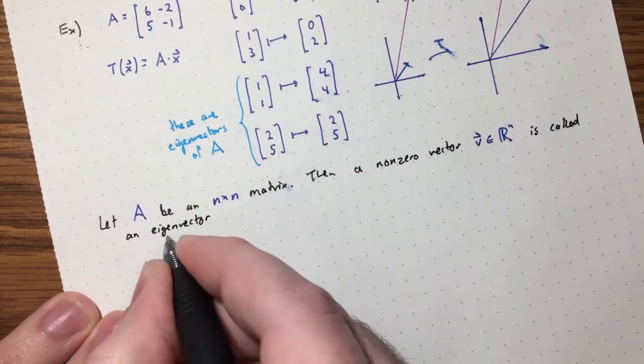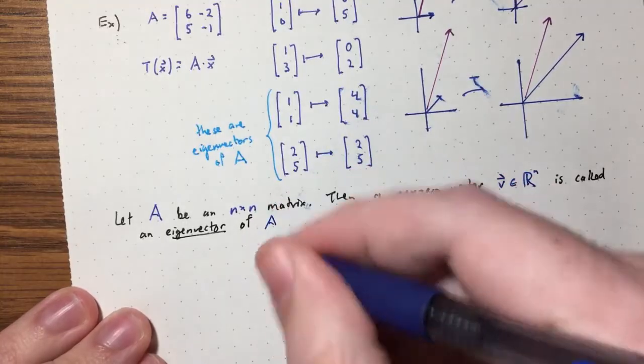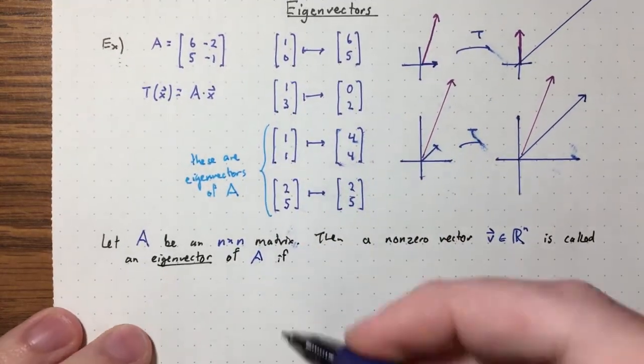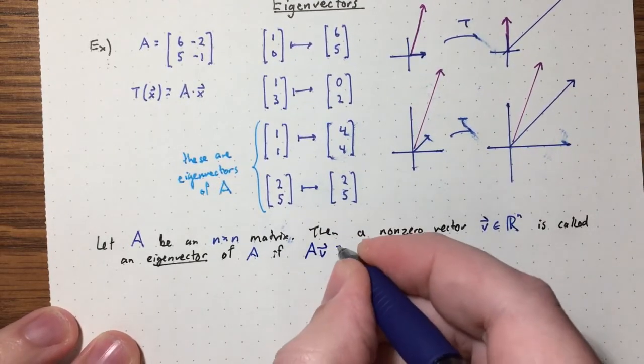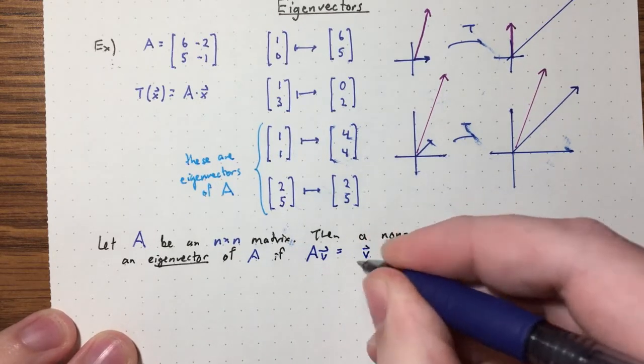It's called an eigenvector of the matrix A if, what should our definition of eigenvector be? Well, if when we multiply by the matrix A, we just get a scaled version of the original vector. So it has to be v times some scalar.